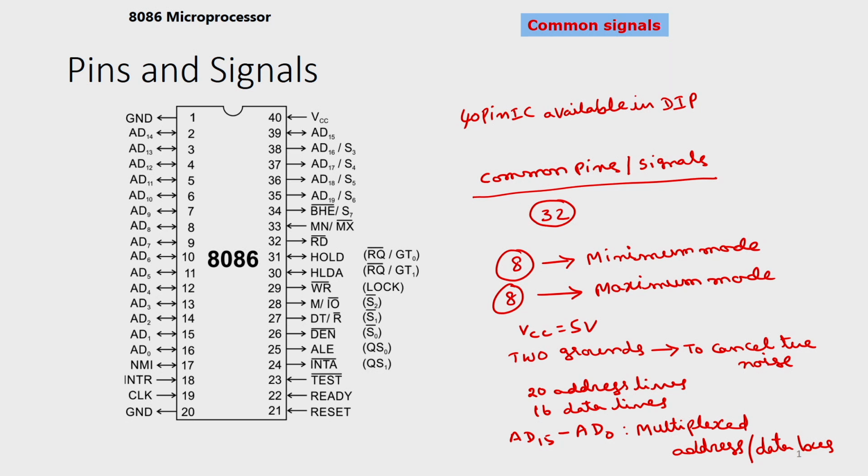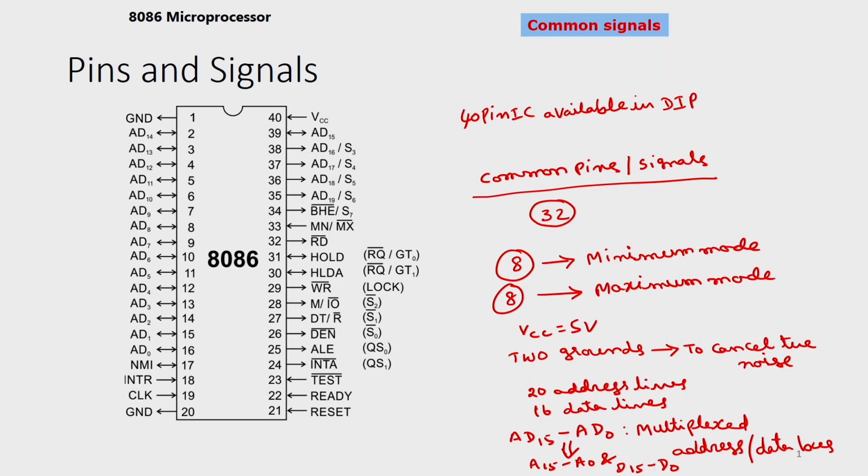If I split this into 2 parts, this is A15 to A0, the lower order 16 bits of address, and D15 to D0, the entire 16 bit data bus. So, when will this multiplexed bus be used for carrying the address, and when will it be used to carry the data?